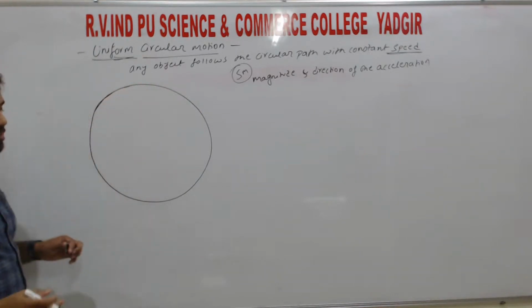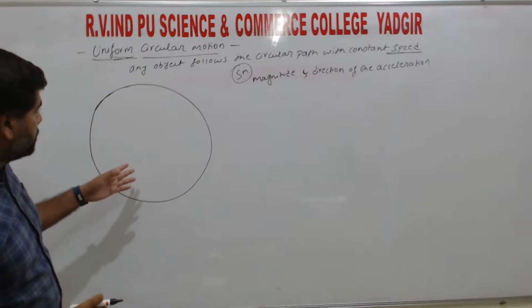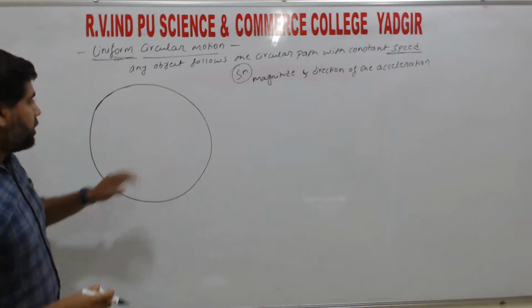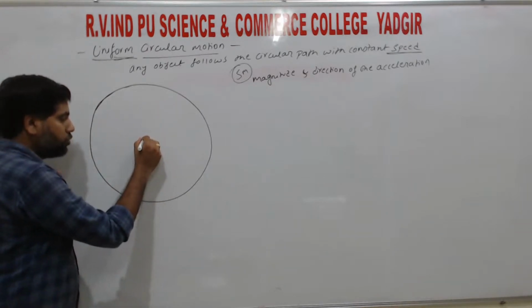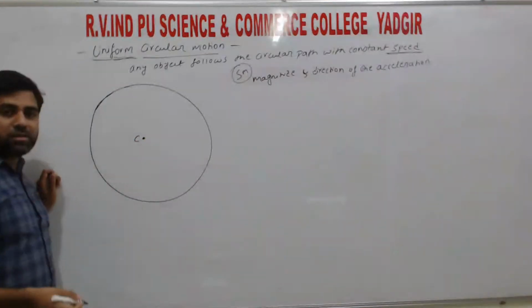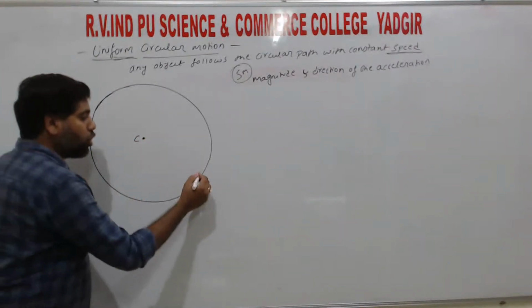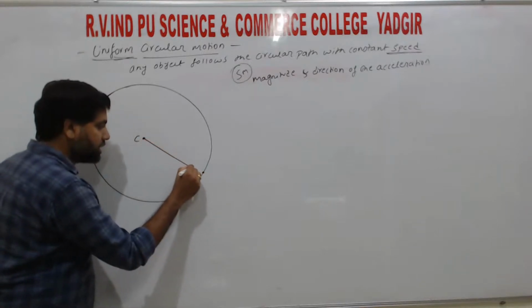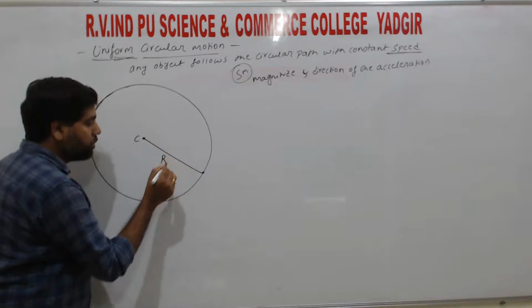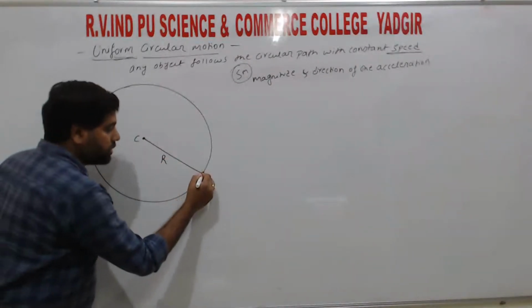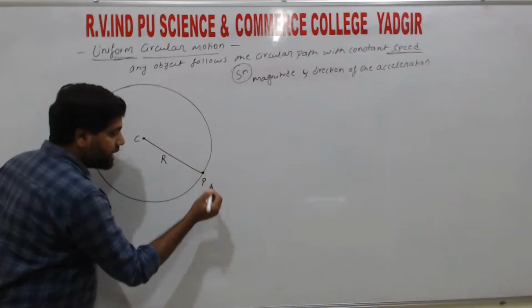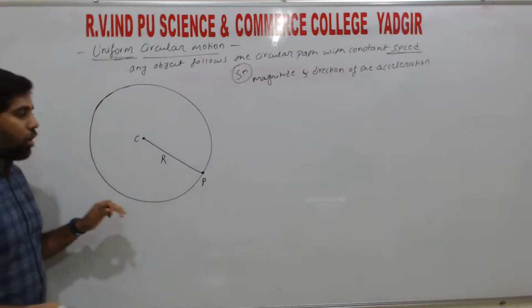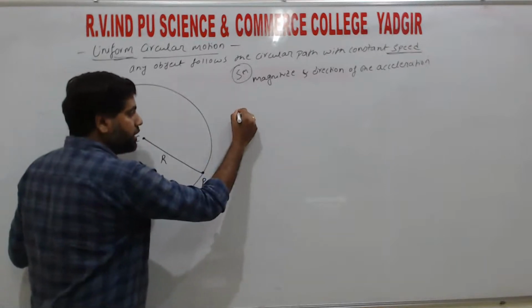Taking C as the center of the circle, the object is moving at a distance r from the center. Calling the initial point of the object P, after a certain time, that is delta t.